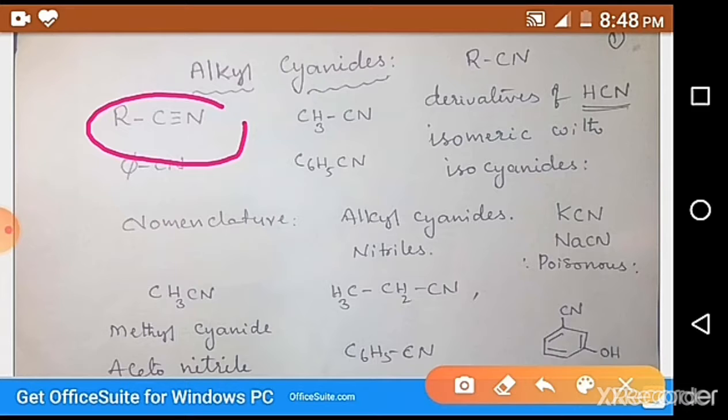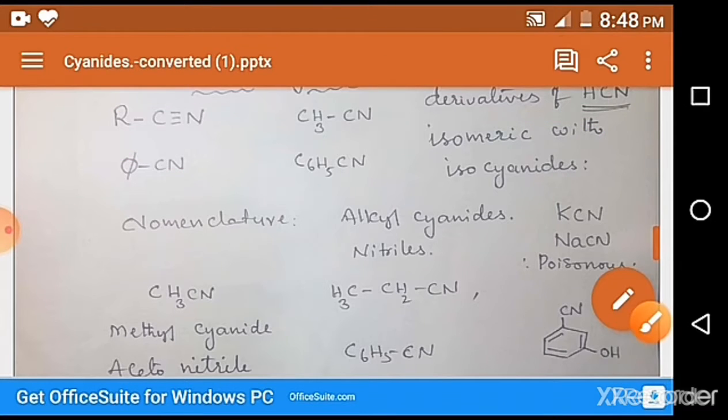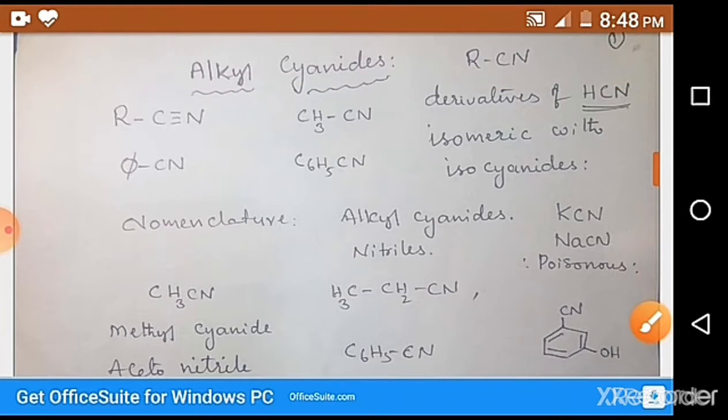Generally, RCN is the common formula of cyanides. So these are the derivatives of hydrogen cyanide. In the place of H, it is replaced by alkyl or aryl group. So we can get different cyanide compounds.